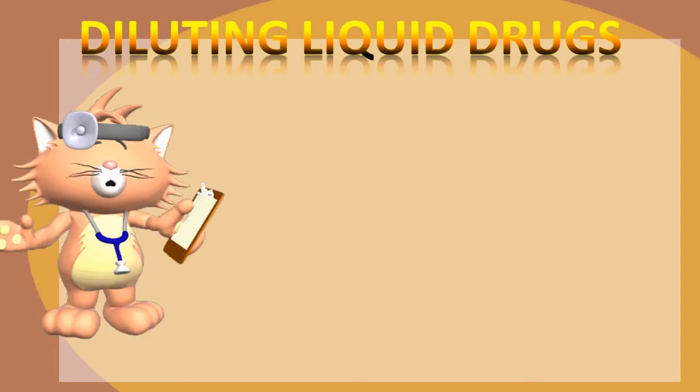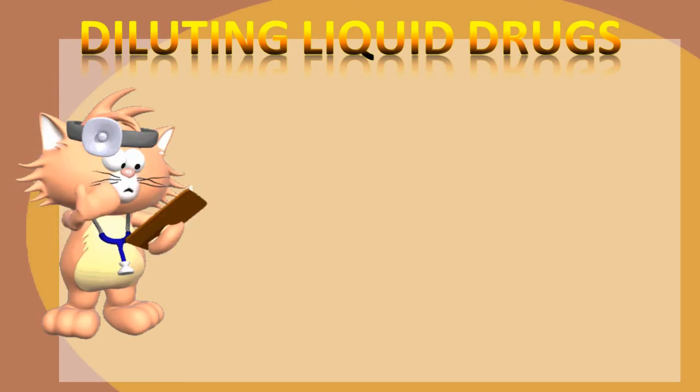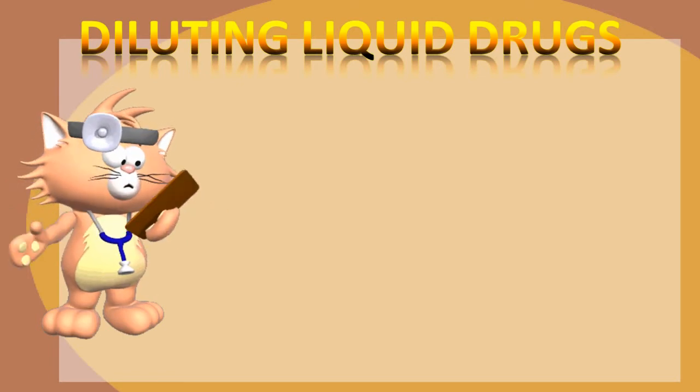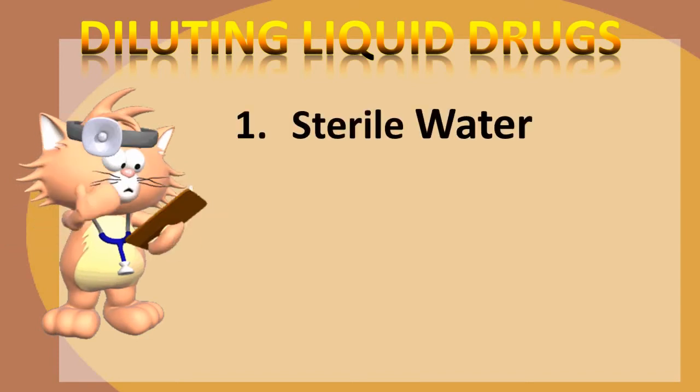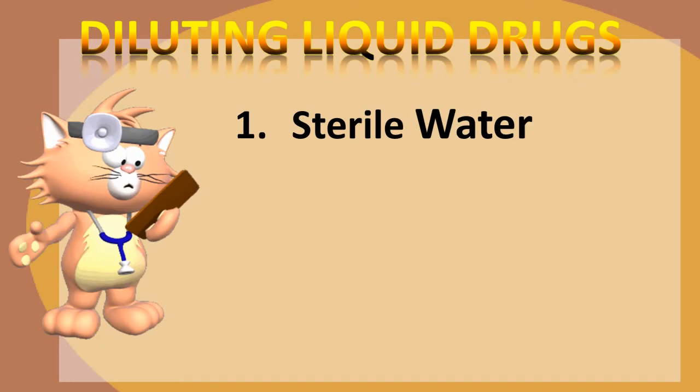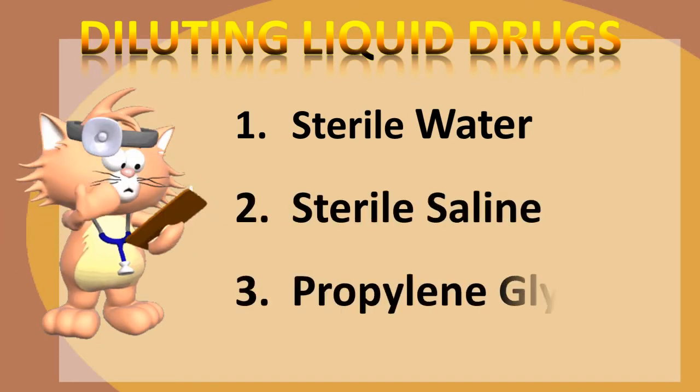When diluting injectables, much care must be taken choosing what liquid to use as the dilutant. It must be sterile and must mix with the drug properly. Sterile water comes in 30 milliliter vials. Sterile saline can be used with some. And propylene glycol is another choice.